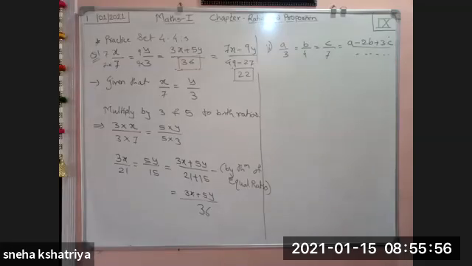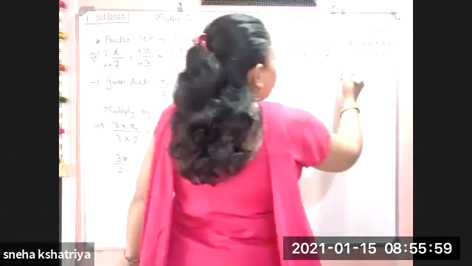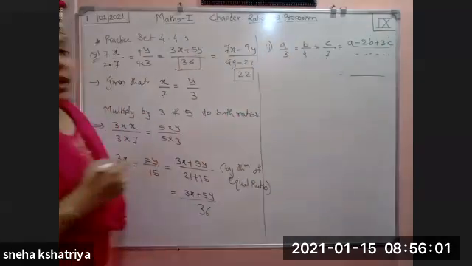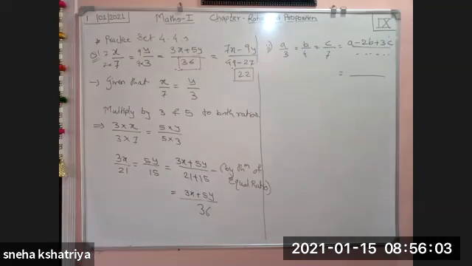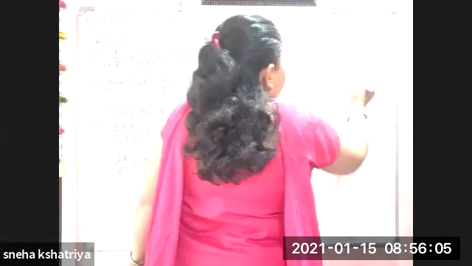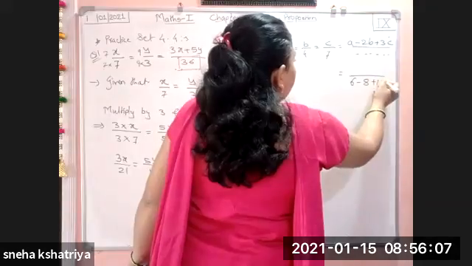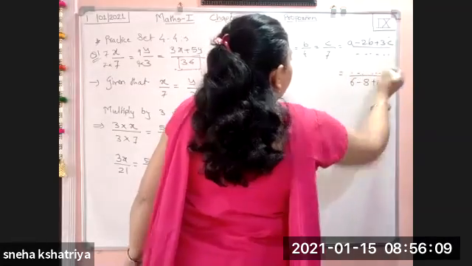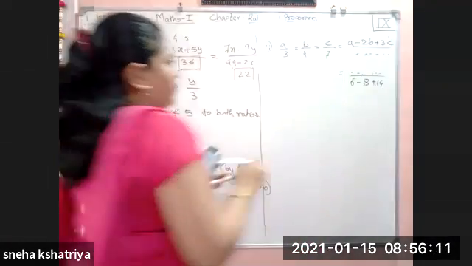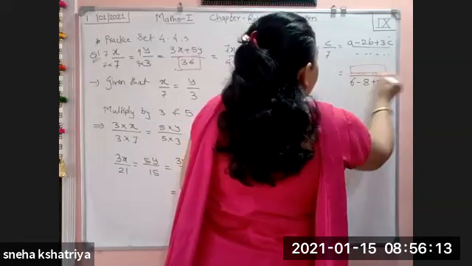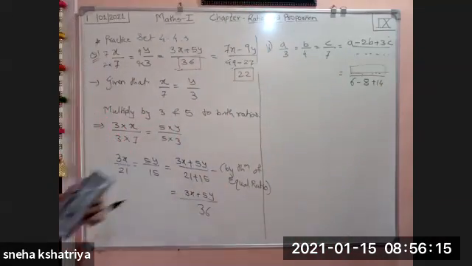And in the second term, the denominator is given, like 6 minus 8 plus 40. Whatever the numerator is here, that we have to find out.